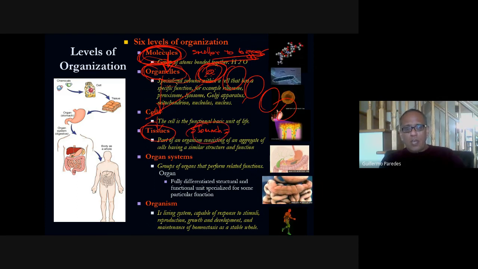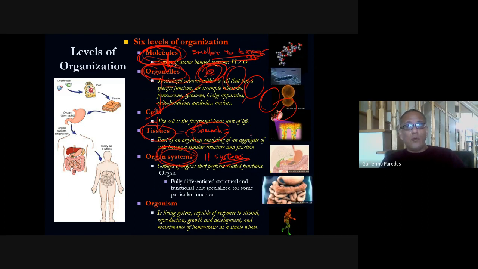Now the organs are going to form the systems. So tissues, organs, and then the systems. What are the systems? We have 11 systems. Some people say 12, but for the course, 11. We have, for example, the respiratory system, the gastrointestinal system, and the endocrine system.